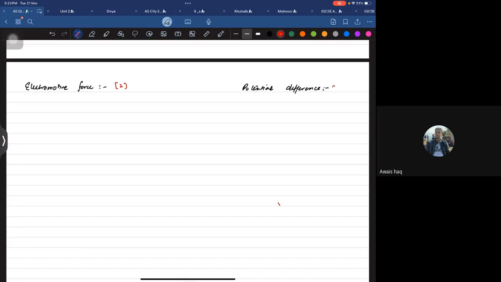Yes, please. And the first mark will be for writing work done per unit charge. This is the first mark. The second mark will be when you write by the battery to move a charge round a complete circuit. This is what you got to write.